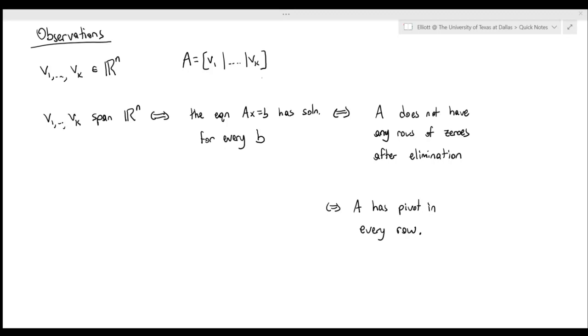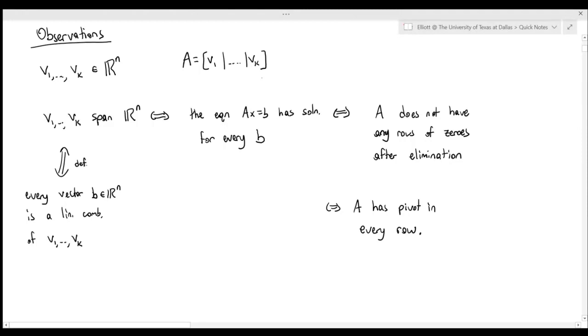All right, so to span Rn would mean that the vectors v1 through vk span Rn, that every vector b in Rn is a linear combination of these vectors v1 through vk.